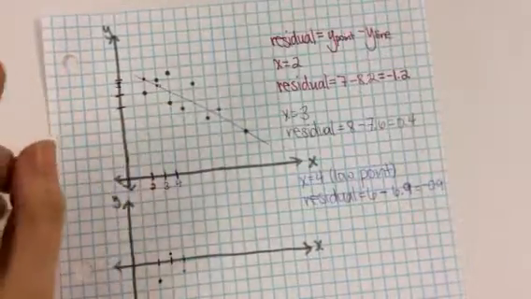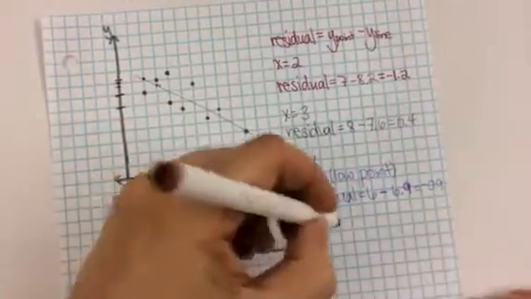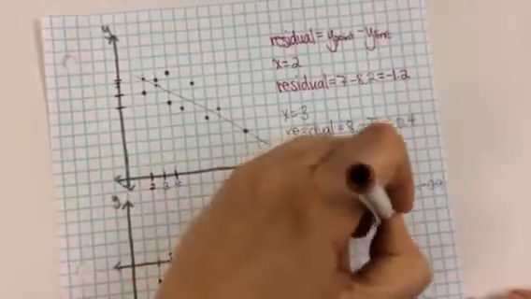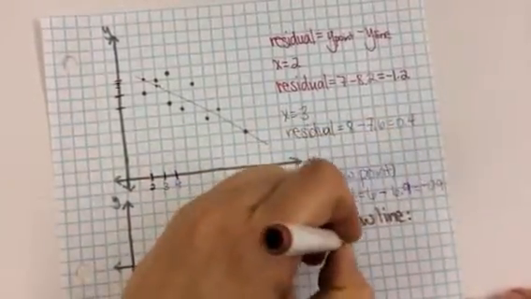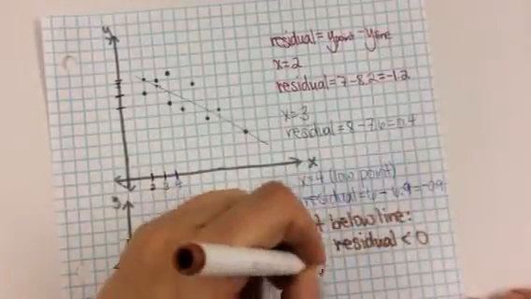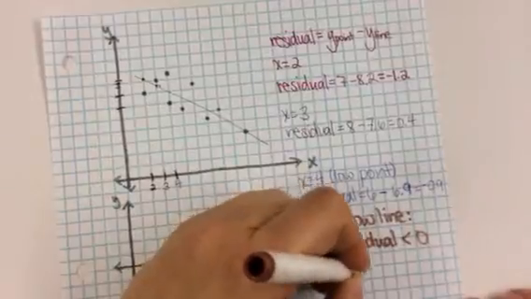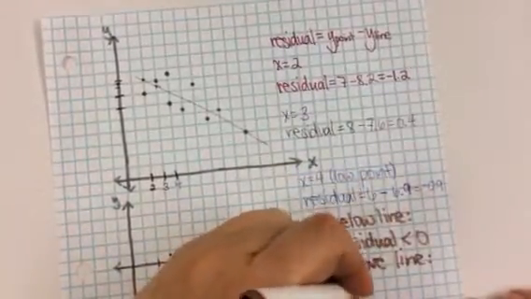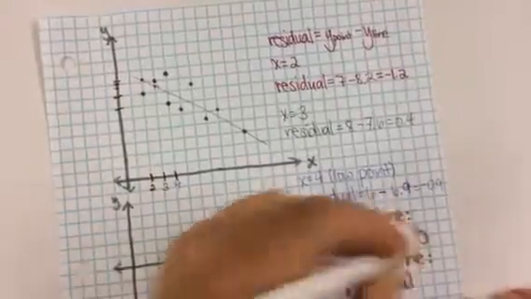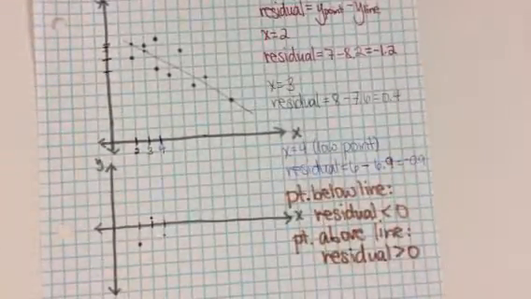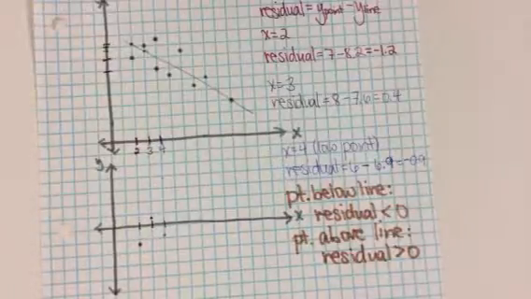So to summarize that, if the point is below the line, that means the residual is negative. And if the point is above the line, that means the residual is positive.